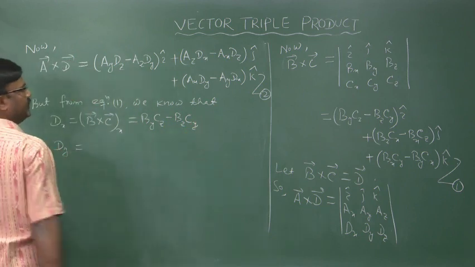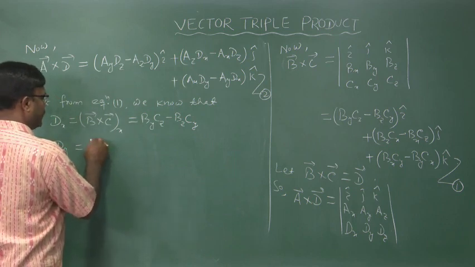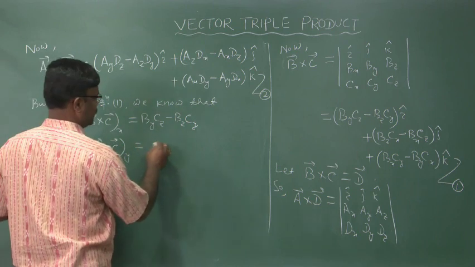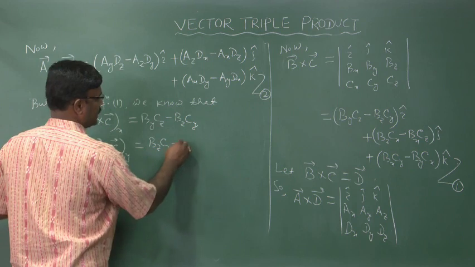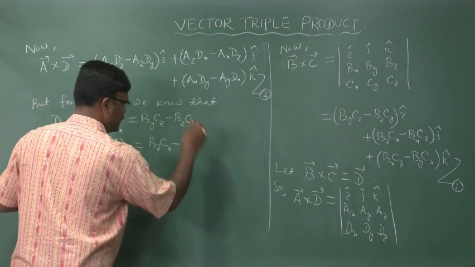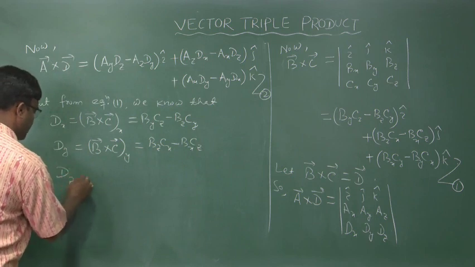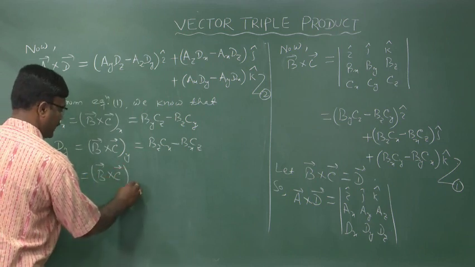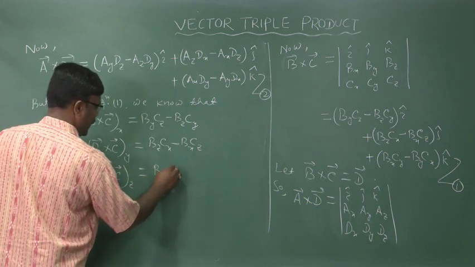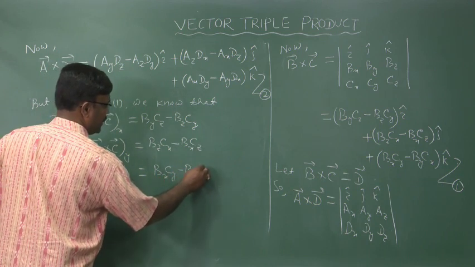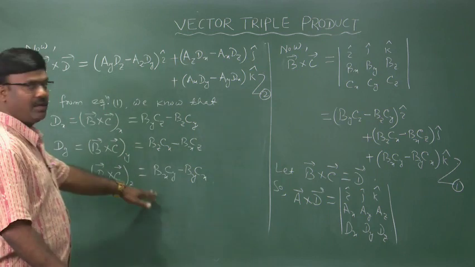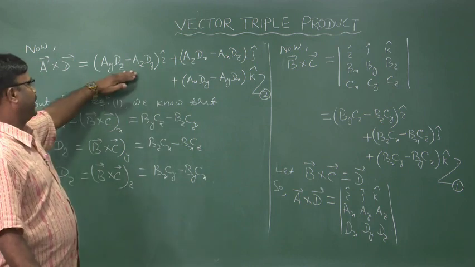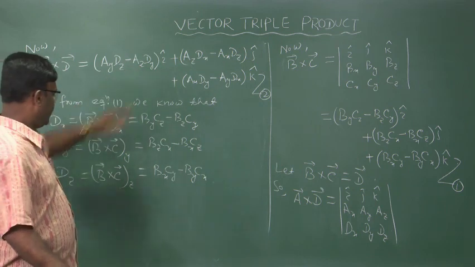Dy is the y component of B vector cross C vector, which is equal to Bz Cx minus Bx Cz, and Dz is equal to the z component of B vector cross C vector, which is equal to Bx Cy minus By Cx. So, putting these values of Dx, Dy and Dz here in expression 2, we can write.